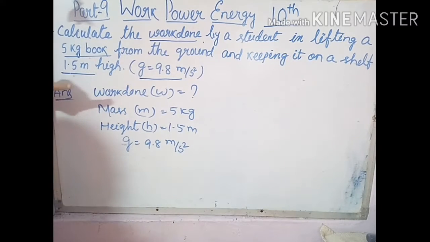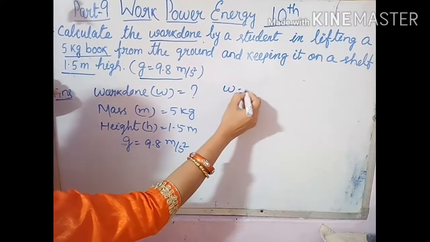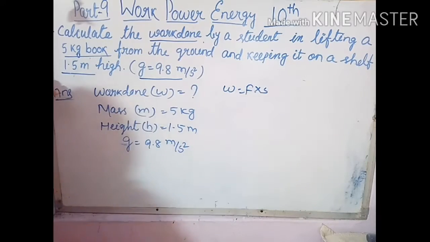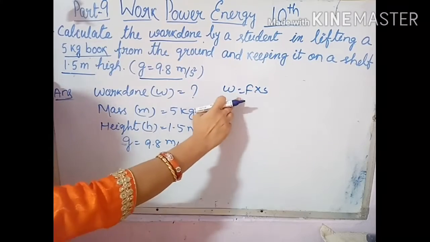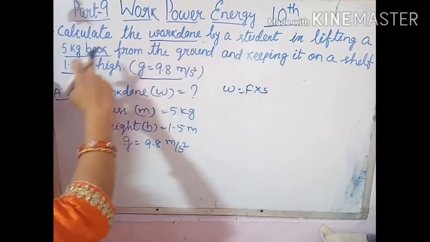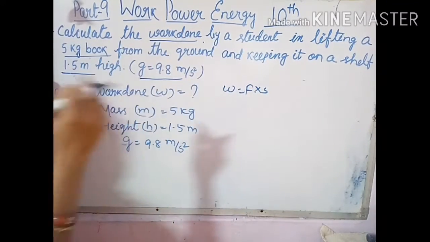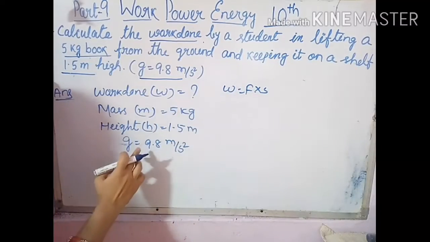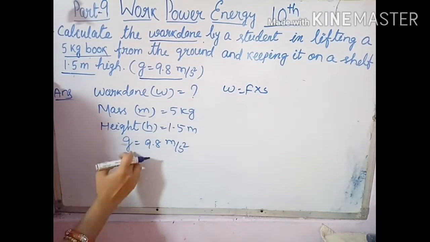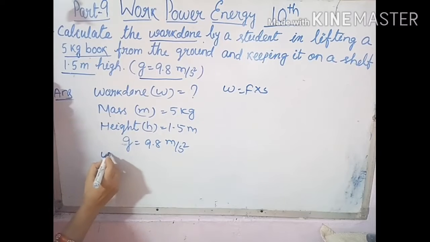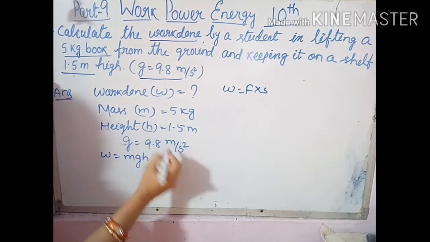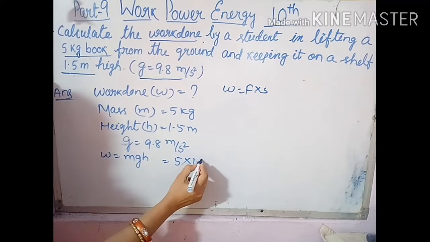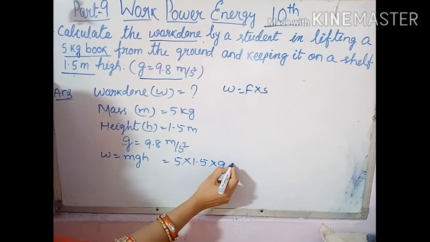As you know that W equals F into S. Here F means mg, because the student is lifting a book from the ground, and S means h. So directly you can put the formula W equals mgh, means 5 into 1.5 into 9.8.